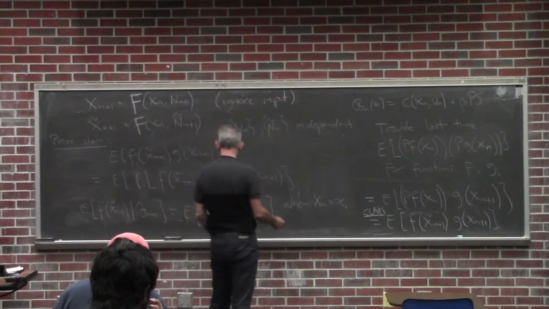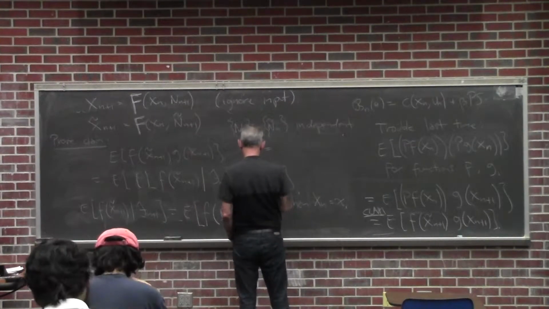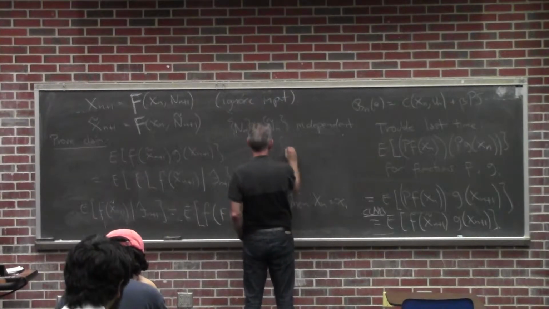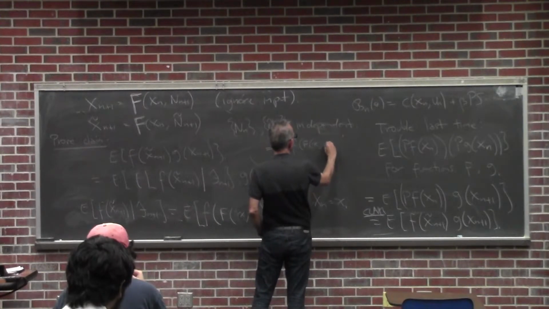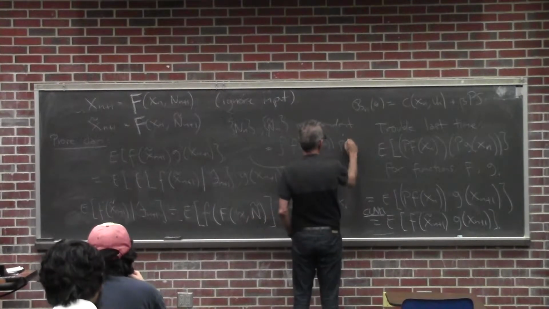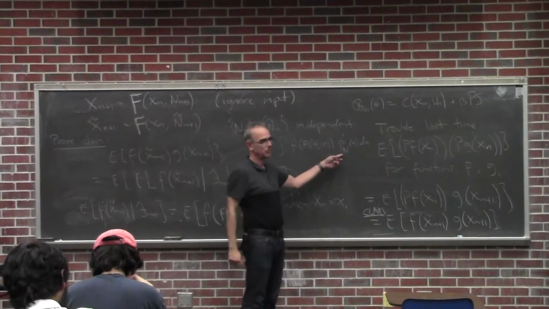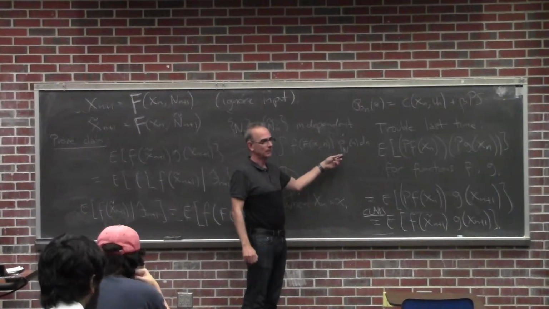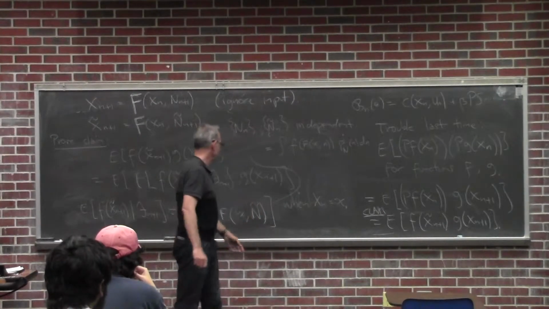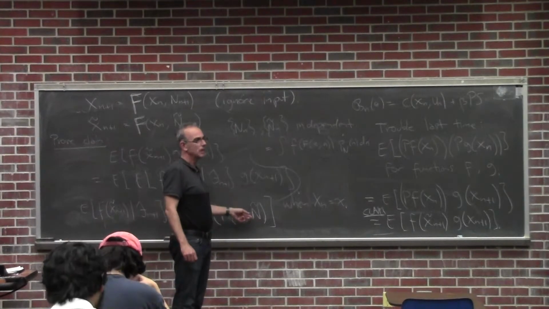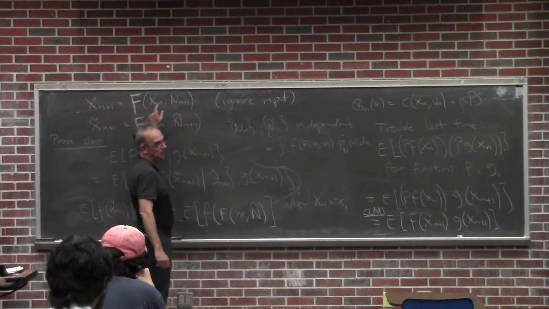If we had a density for n, for example, this would be the integral of little f, capital F, little x of n, times the density of n, dn. Like if n was a Gaussian variable. Because it's an expectation, and n tilde is independent of little x, just like n was.